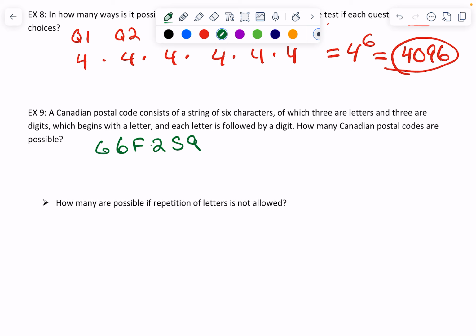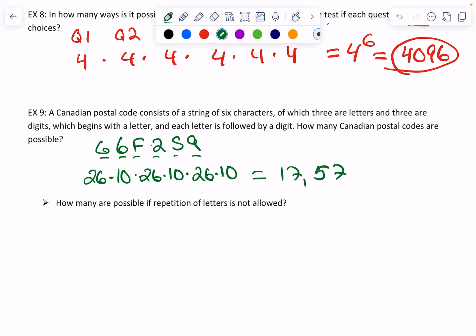So there's a letter, there's a digit, letter, digit, letter, digit. So there's 26 letters, 10 digits, 26 letters, 10 digits, 26 letters, and 10 digits. We are multiplying all of these, and we get 17,576,000 for that.